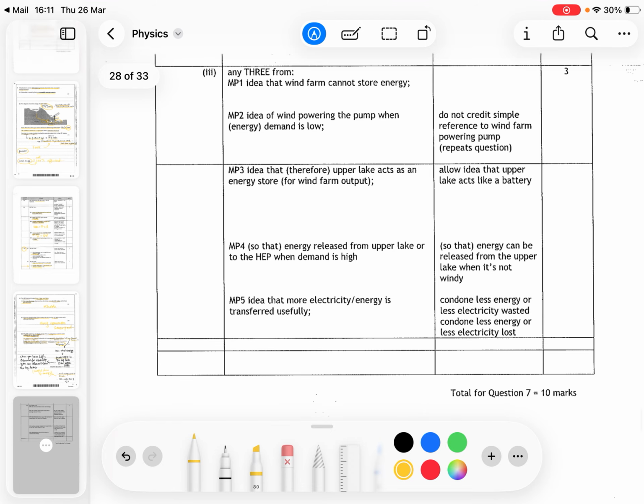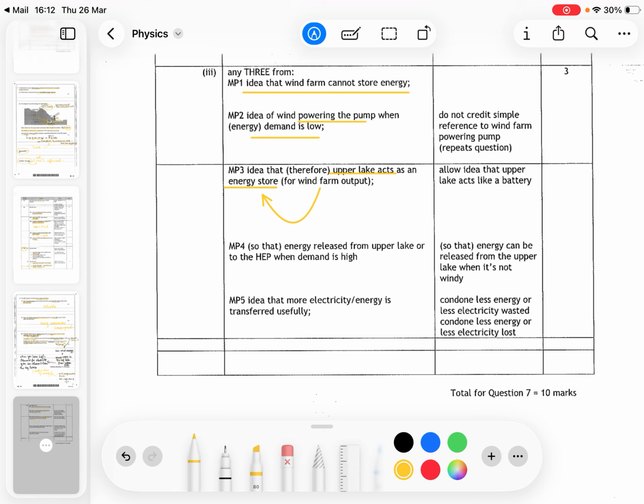Any three from: idea that the wind cannot store energy, we mentioned. Idea that the wind powering the pump, we mentioned. When the demand is low, we mentioned. Idea that therefore the upper lake acts as an energy store. So the wind can be used to store its energy in the form of gravitational potential energy.